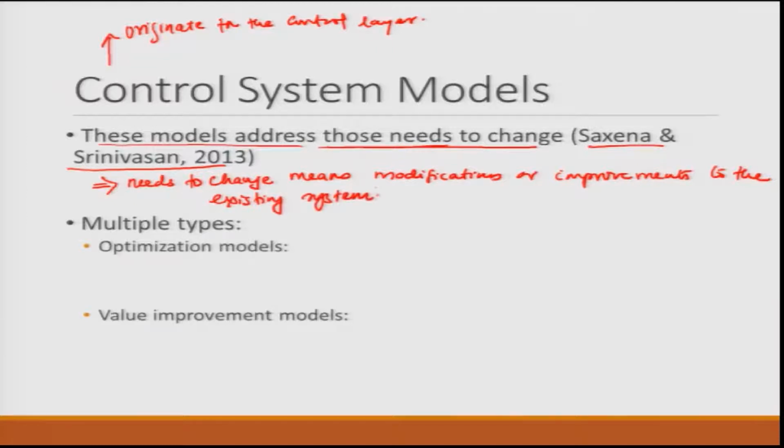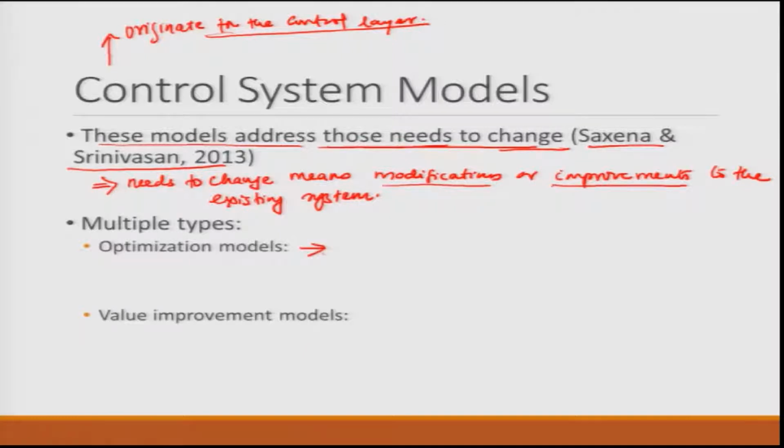We are working on an existing system and there is some need to change, some modifications are to be done, and what are those modifications or improvements to be done onto the existing system? The control system models actually help in this, and they originate in the control layer. There are actually 4 types of these models, and we will deal with each one of them and look into what they are.